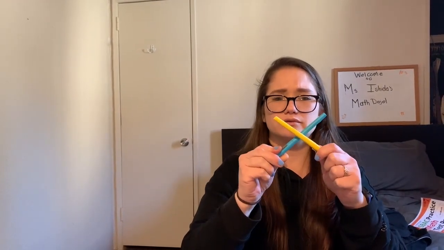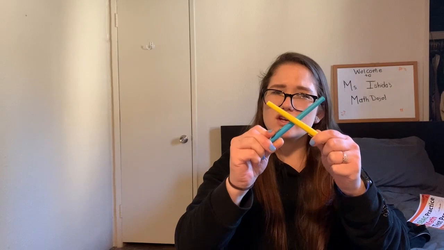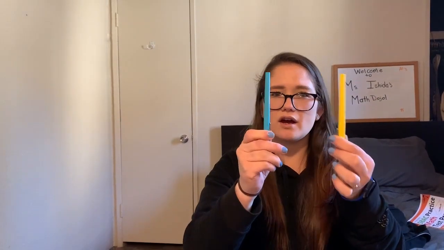And a vertical angle is when you have the two lines intersecting. So they're kind of like this and not like this. So it never made sense to me. So if you are here till the end, I am going to make a fool out of myself, but that's okay. You're always going to remember what a vertical angle is.